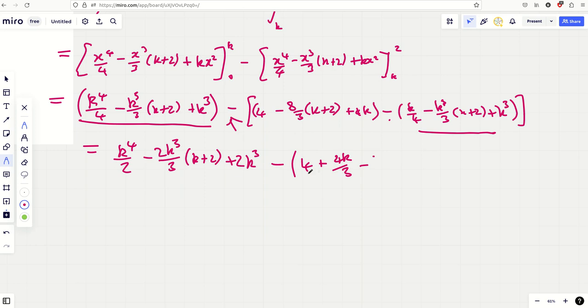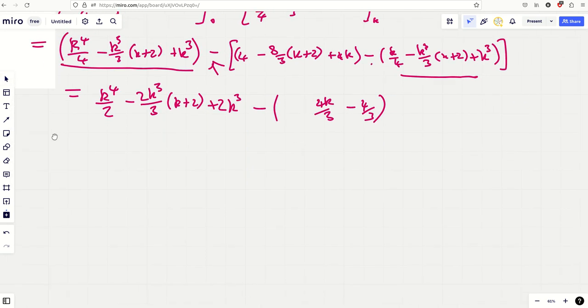We might as well simplify that with a 4 as well, mightn't we? As that 4 is 12 over 3. When you take away 16 over 3, you're actually going to end up with minus 4 over 3, I think, because that's 12 over 3 minus 16 over 3, yeah, minus 4 over 3. So let's just simplify that right away. And yeah, I think I've got the signs right there.